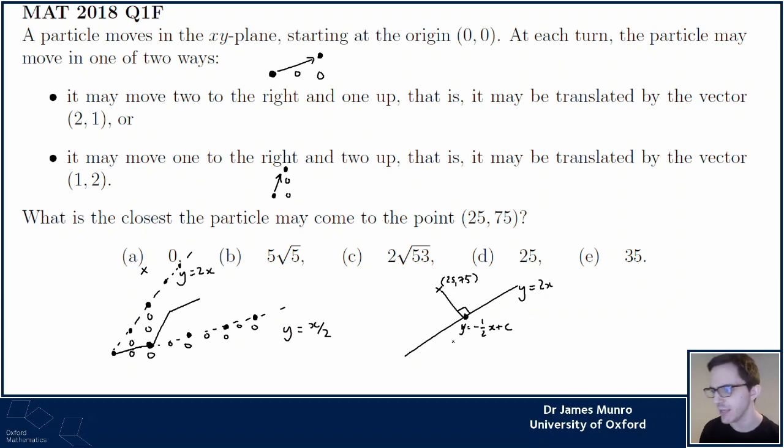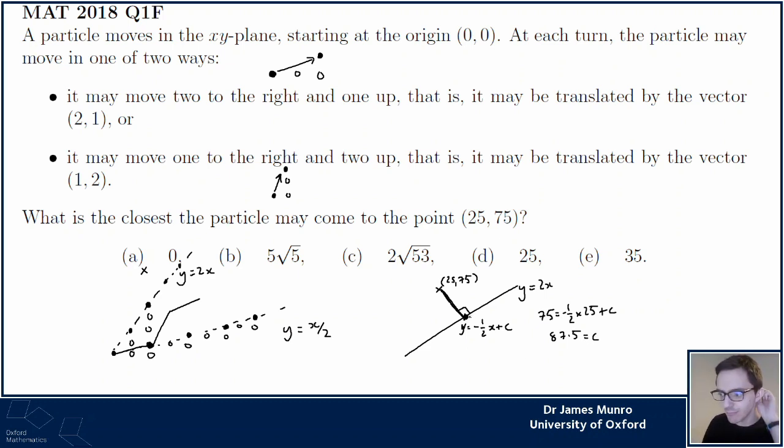I don't know what the constant is. Oh, I suppose I know that I've dropped this perpendicular from (25, 75) to the line. I know the gradient because it's perpendicular, and I know that it goes through the point (25, 75). So I know that 75 is equal to minus a half times 25 plus c. So my constant is going to be, something like, what is that? 12 and a half, 87 and a half is my constant. Okay, so that's my normal.